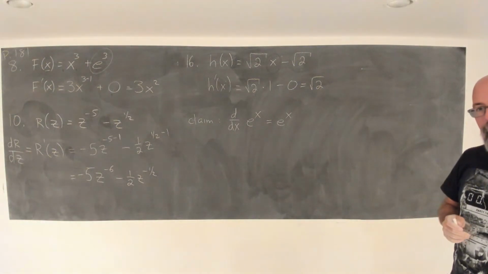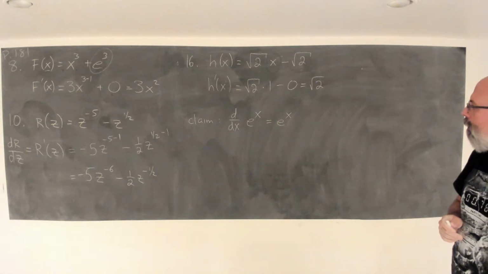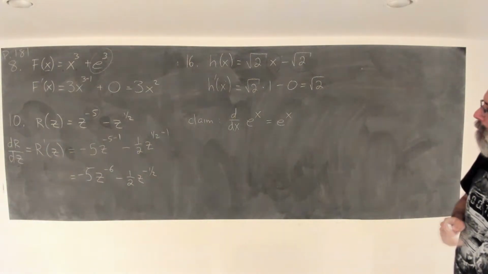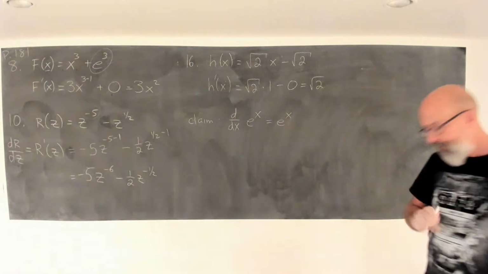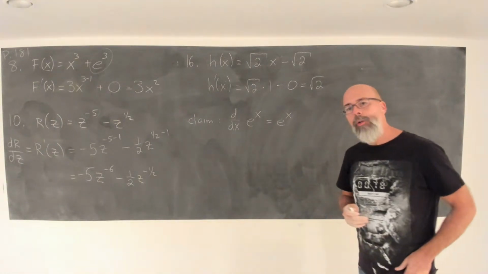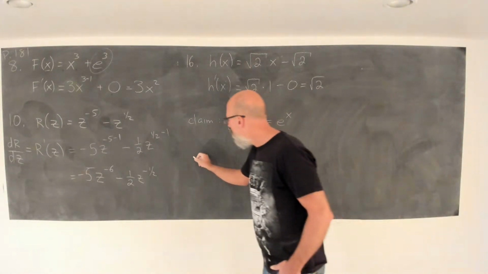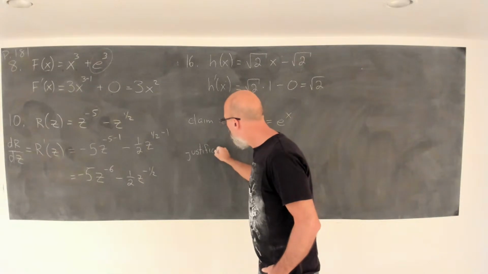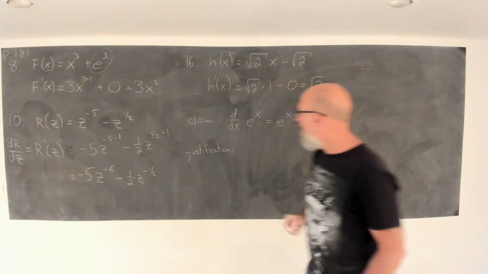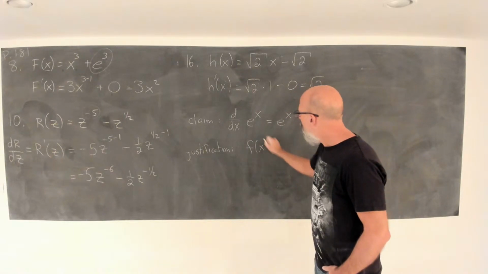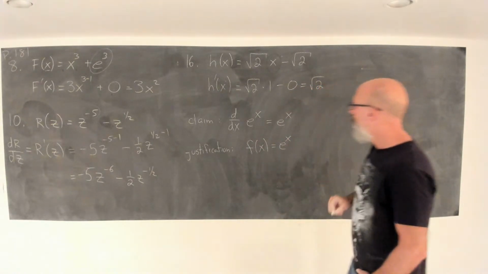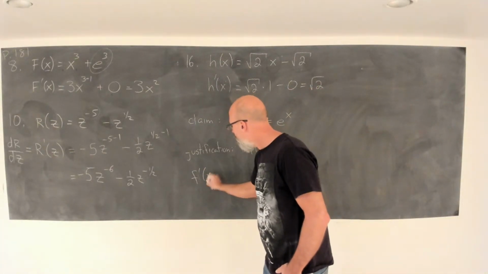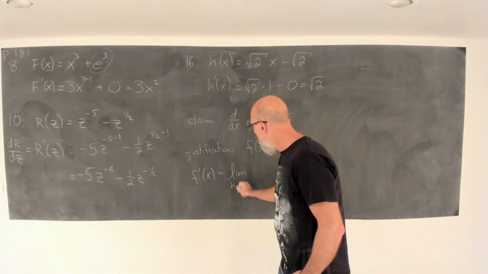We're not yet in a position to prove that, but let's give some sort of justification for this. So I won't call it a proof, but rather a justification. If I define f of x as e to the x, let's try to work out the derivative using the definition.